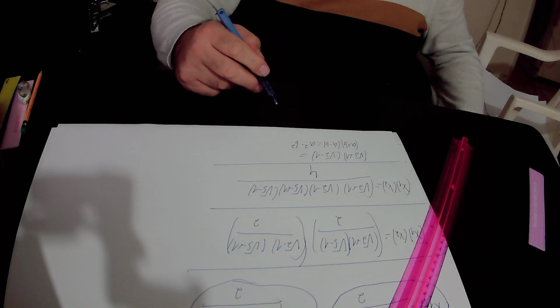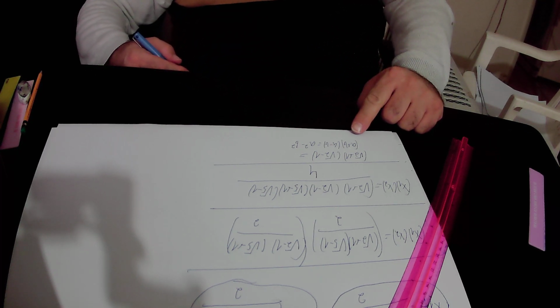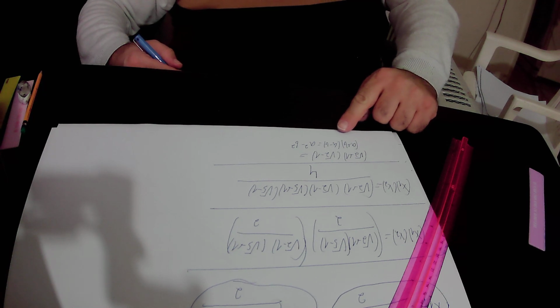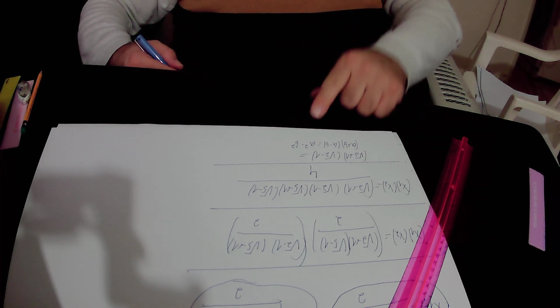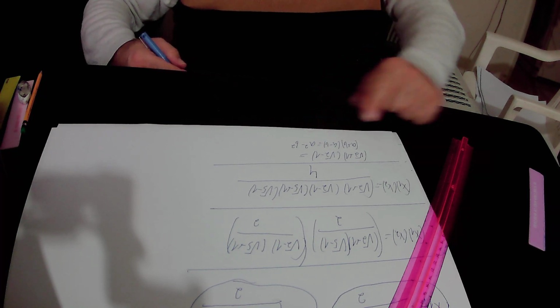Here, square root of 2 plus 1 times square root of 2 minus 1 is very similar to the expression a plus b times a minus b. So our expression must be equal to a squared minus b squared.